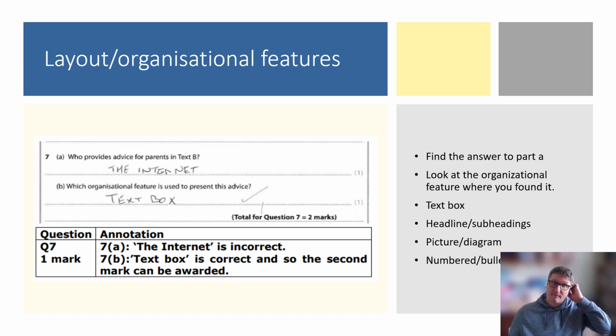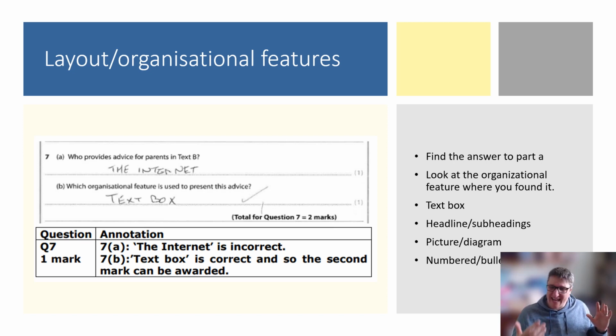Question 7. So this one tests your understanding of layout or organizational features. Part A asks you to find the answer to a question. And so you find the answer to that question, and then you look at where you found it. Organizational features are all over the place.